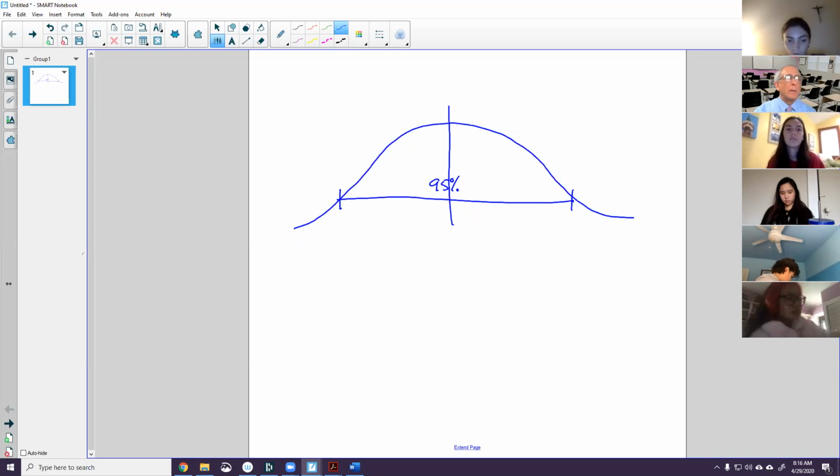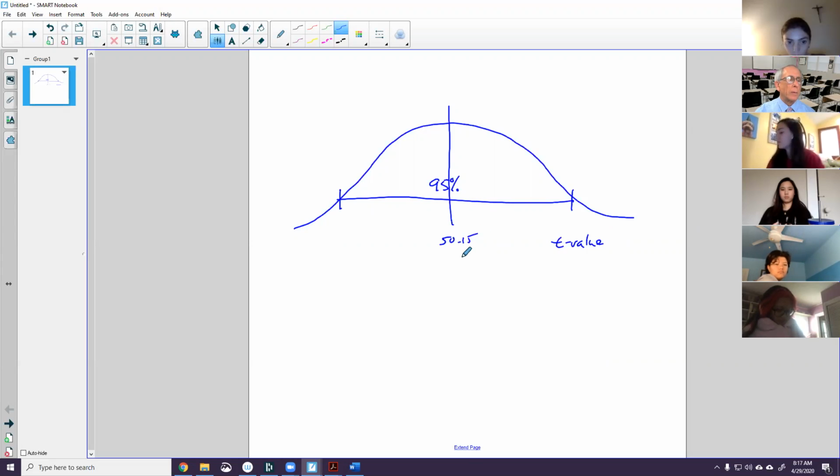Okay. What did you get for your t-value over here? So I didn't do the t-value because it was the empirical rule. So I made my distribution. At the center for the mean, I had 50.15.